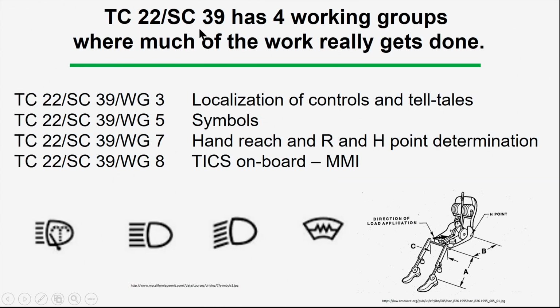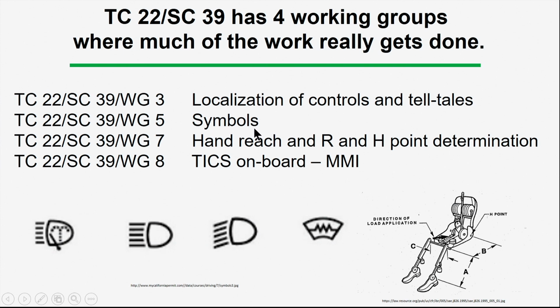All right, Subcommittee 39 has 4 working groups. Here they are, and again, there's some numbers that were skipped for some historical reasons. Let me describe what they do. So where are controls and displays? Telltales is their technical word for warnings. Where are they found? Working Group 5 is very active.